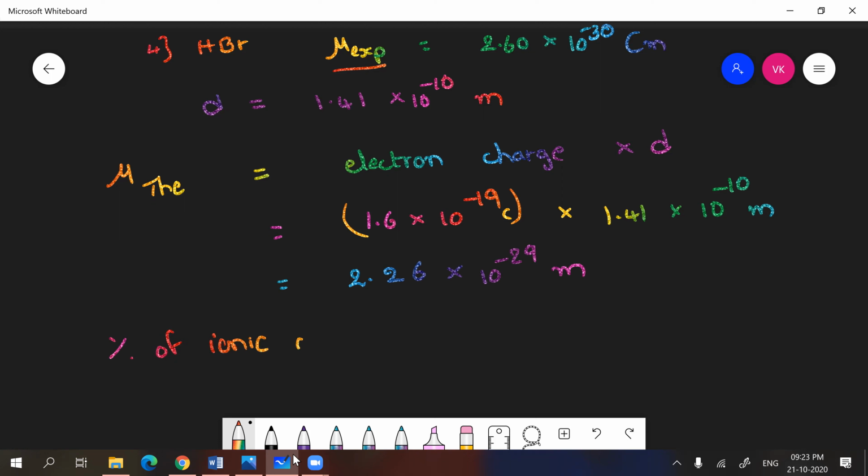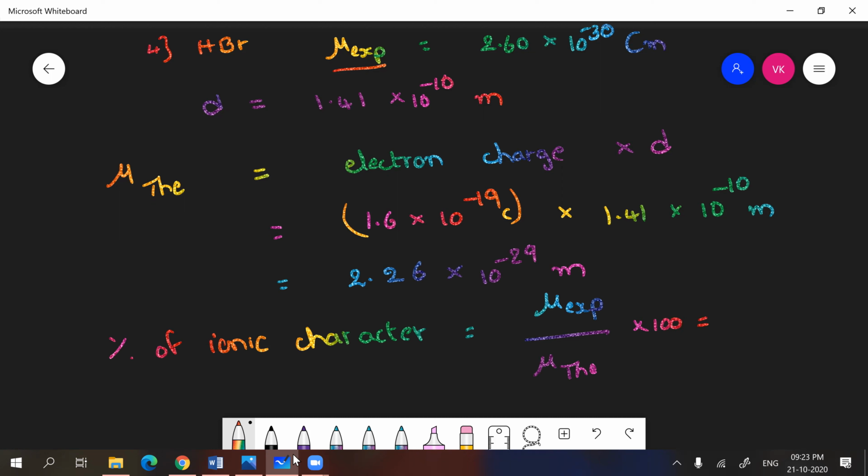Now let's write the percentage of ionic character. What is the formula for this? Mu experimental dipole moment divided by the theoretical dipole moment times 100.